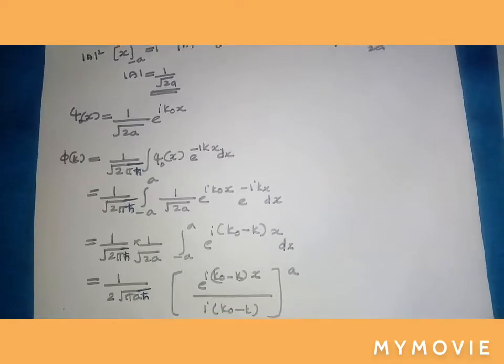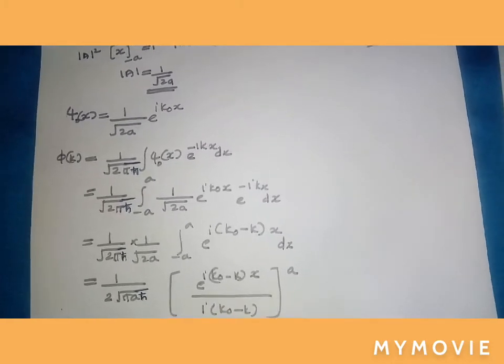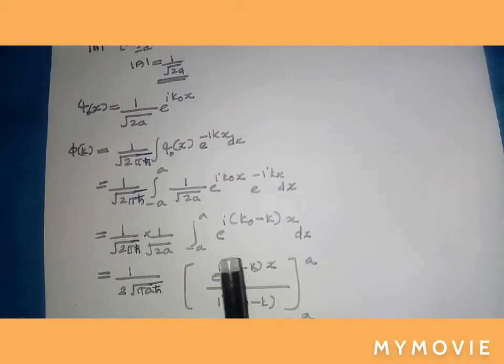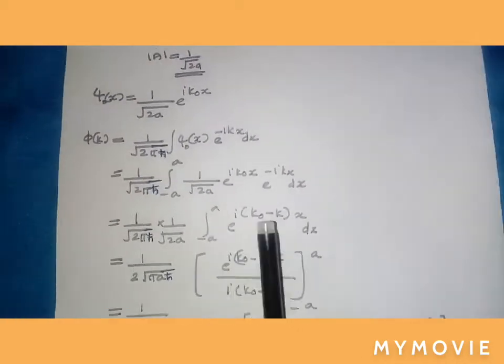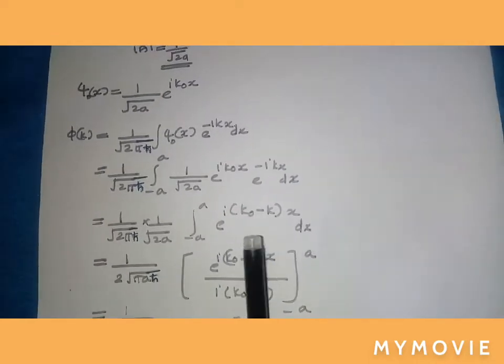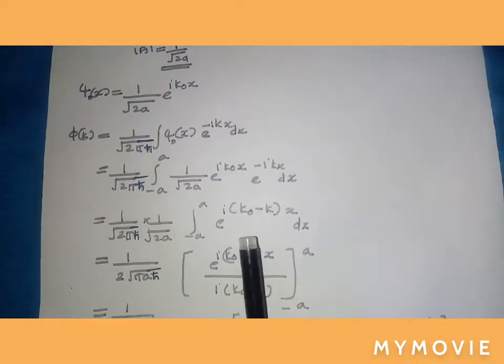We know that e raised to n into e raised to minus m means e raised to n minus m. Here we have e raised to i k naught x and e raised to minus i k x. So we get it like this, and we know that integration of e raised to ax means e raised to ax divided by a.